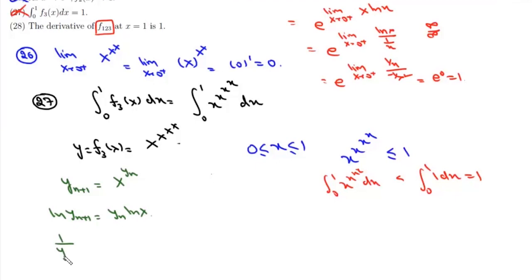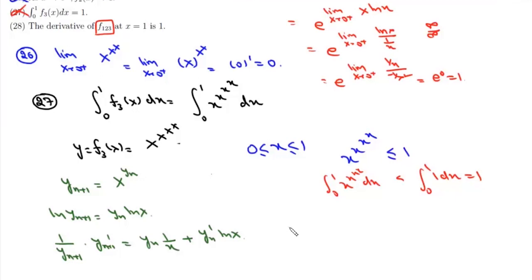Now it will be 1 upon y(n+1) into y(n+1) dash, it will be yn into 1 by x plus y dash n into log x.